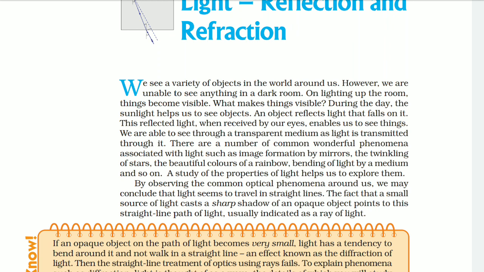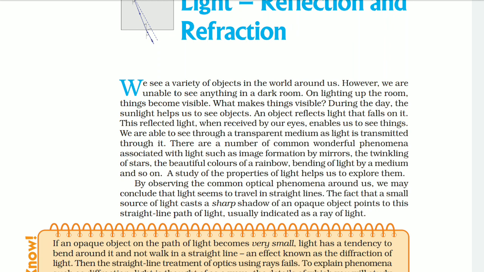to see things. If an object is transparent, we can see through it, as the light allows them to pass through it. There are a number of wonderful phenomena associated with light, such as the deformation of images, the twinkling of stars, the beautiful colors of a rainbow, and the bending of light.